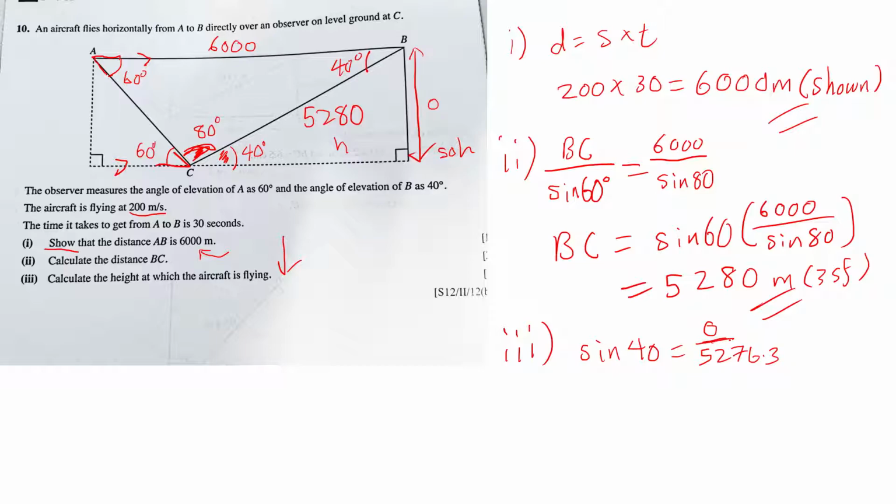Now remember, for my intermediate working, I need to use 5 significant figure. So to find O, I simply move the denominator over and it will become times. So 5,276.3 times sine 40 will give me the height or the opposite side.